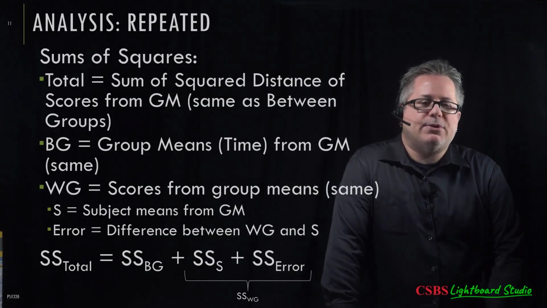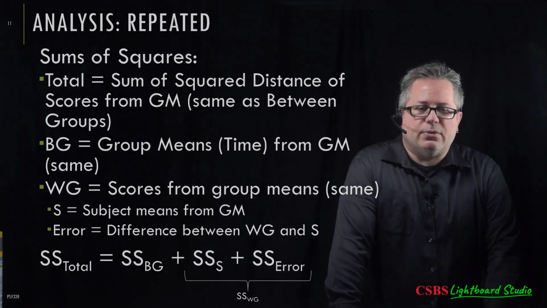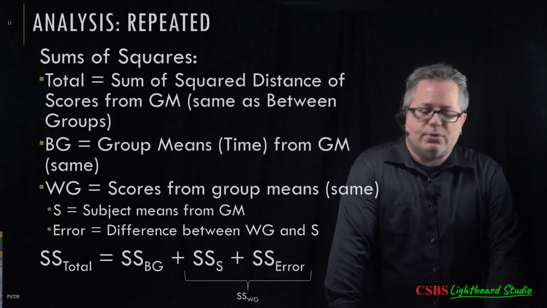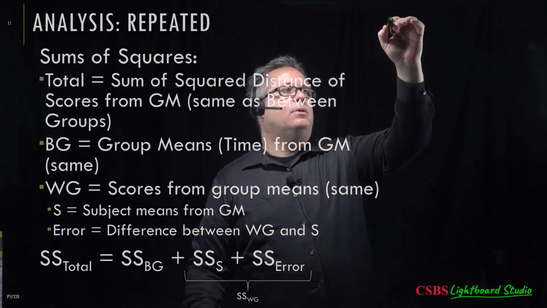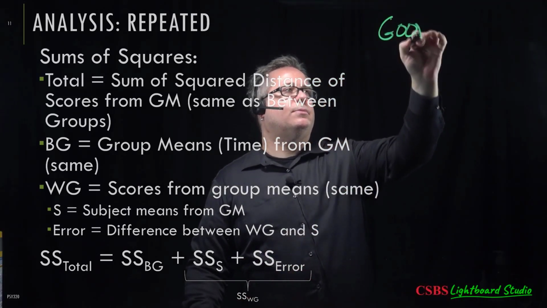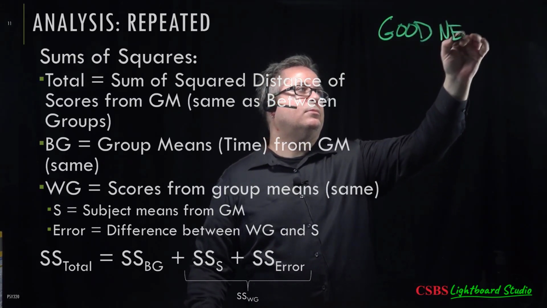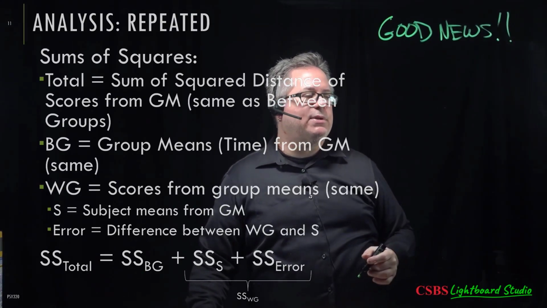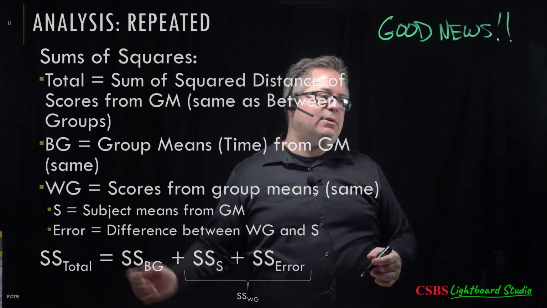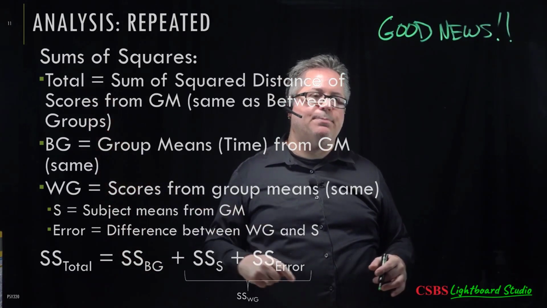In repeated measures ANOVA, there are a lot of things we're still going to deal with. The good news is that things like total and between groups stay the same.